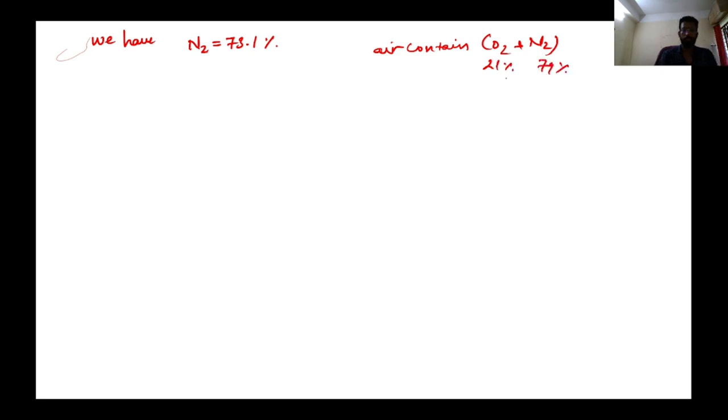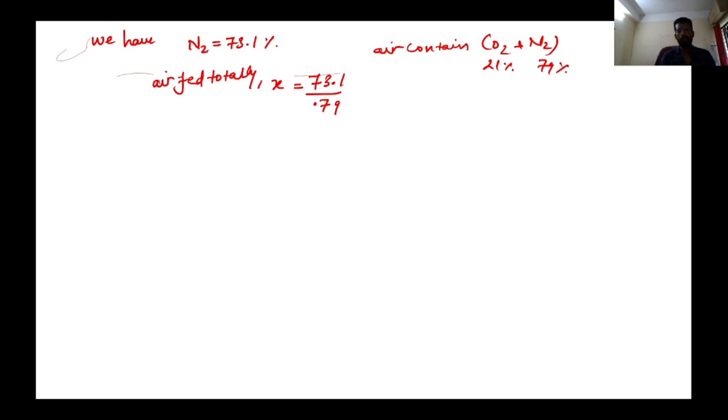So suppose the quantity of air fed in the system, air fed totally, is X, which is equal to 73.1 upon 0.79, because if air fed is X, then 0.79X will become 73.1, right?